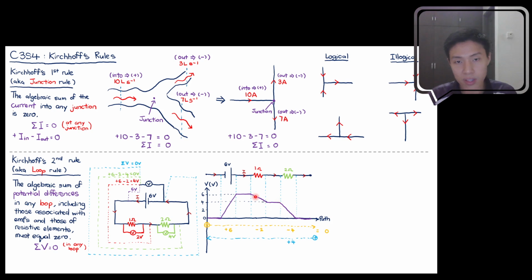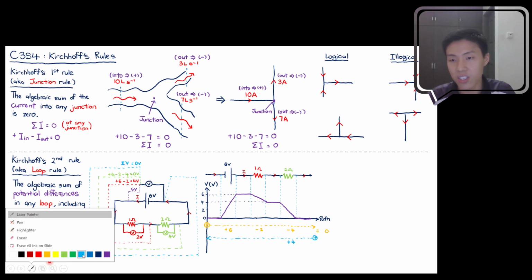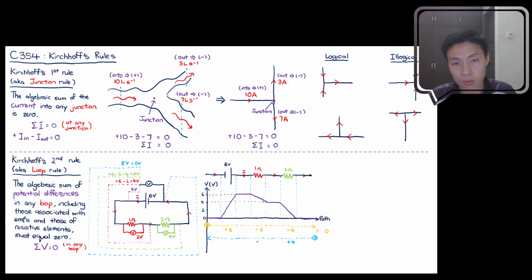Continuing on that same idea, when we pass a resistor opposite the direction of current, you also see a gain of energy instead. So this will be +2. Then when you come to this battery over here, we know that a battery is supposed to supply energy, so you're supposed to have an energy gain. But that is if you follow the direction of current, going from low to high.